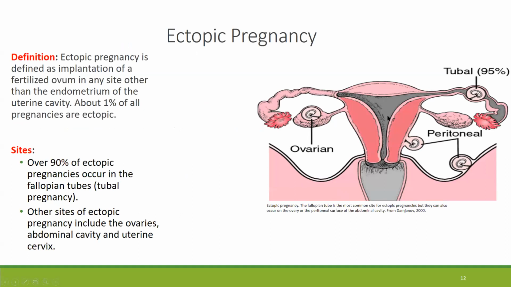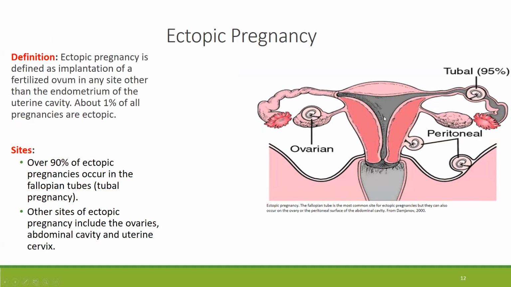If we do D and C, dilation and curettage, in ectopic pregnancy, what are we going to see? We will not see chorionic villi at all. So no chorionic villi if we do dilation and curettage in the ectopic pregnancy.